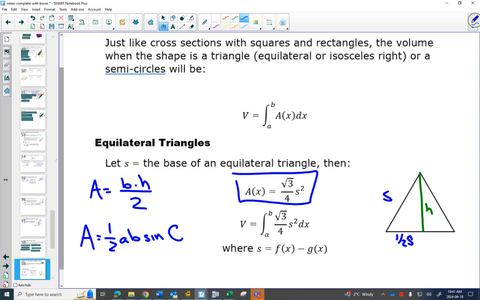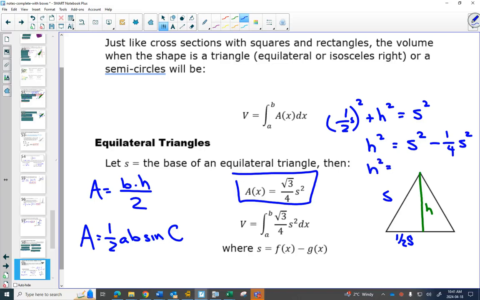You could do 1/2 s squared plus h squared equals s squared. You could get your h squared by itself by subtracting, and I'm going to square this out and get 1/4 s squared. So my h squared is 3/4 s squared. Does that make sense? Yep. Or my h, if I get it all by itself, would be the square root of 3 over 2 times s.